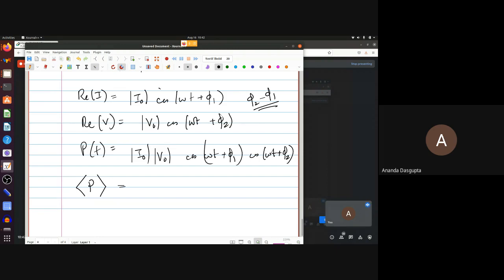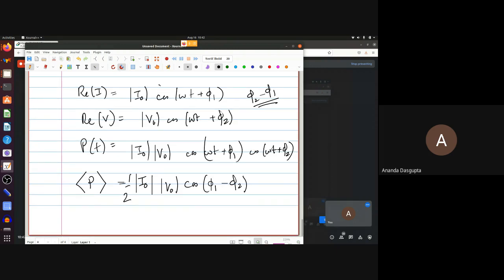So your result actually is going to be, and this is actually what you call, IRMS, VRMS, cosine delta phi, where cosine delta phi, the phase shift between the voltage and the current, is what is called the power factor.